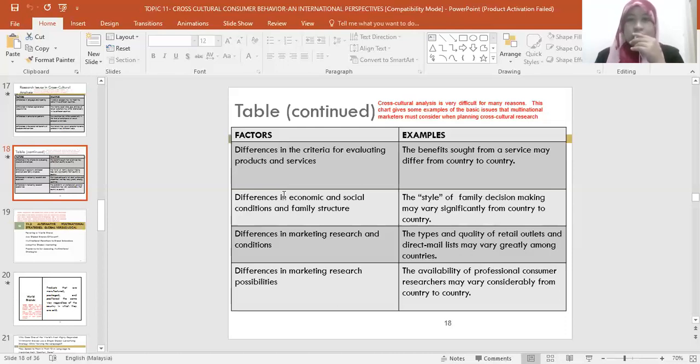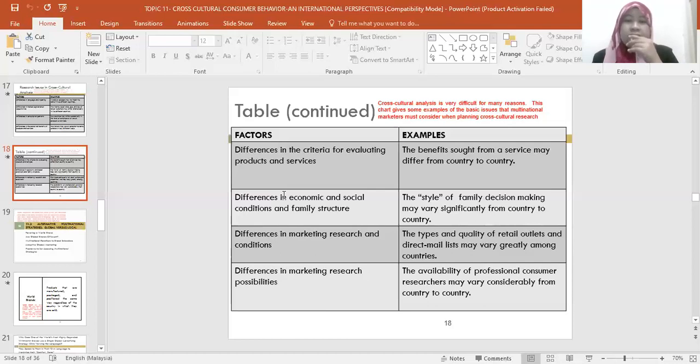But in another country, for example the US, even though you are not yet married, you have your own way of making decisions, because they believe in the capability of their children to be independent. In China it's the same thing. In China they are like ASEAN. We still rely on the parents to decide things until we are married. Then if we are married, we have to let go, meaning you have to do things your own way.